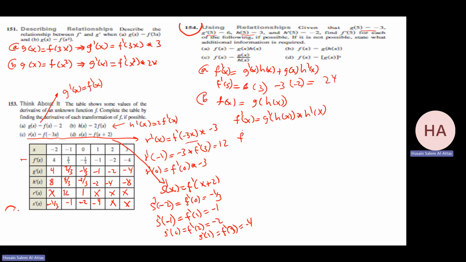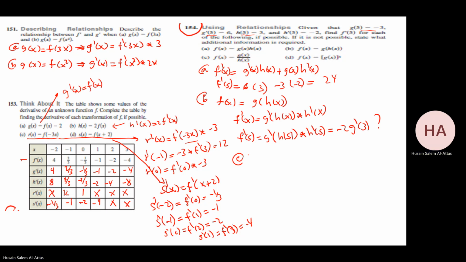But notice f prime at 5 will be g prime at h at 5 times h prime at 5. H at 5 is what? 3. H prime at 5 is -2. So that will be -2 times g prime at 3. I cannot continue. I don't know g prime at 3.